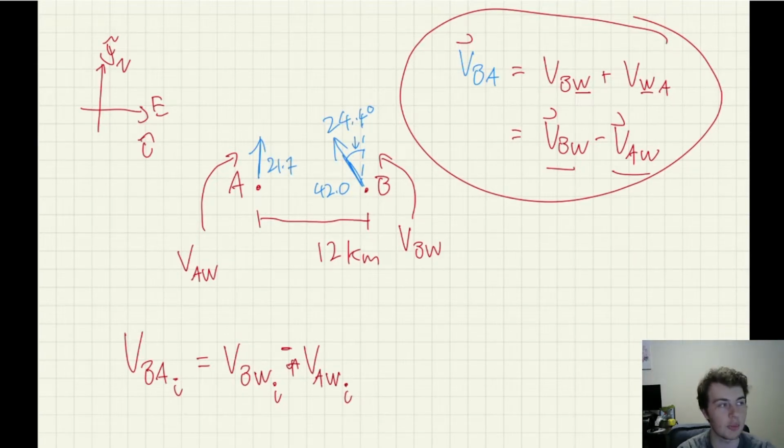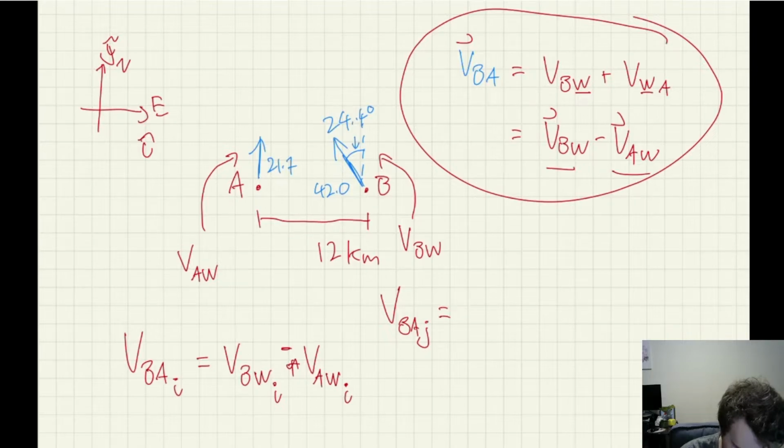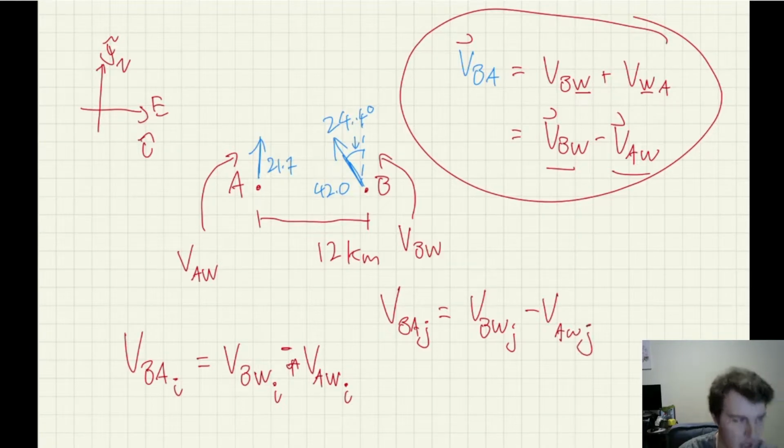That's how we're going to solve for part I. And for the J component, VBA of the J component is equal to VBW of the J component minus VAW of the J component. And that's all, right? Because these 2 directions are orthogonal, you can just treat this 2-dimensional problem as 2 one-dimensional problems, which is the kind of power of I and J indices.